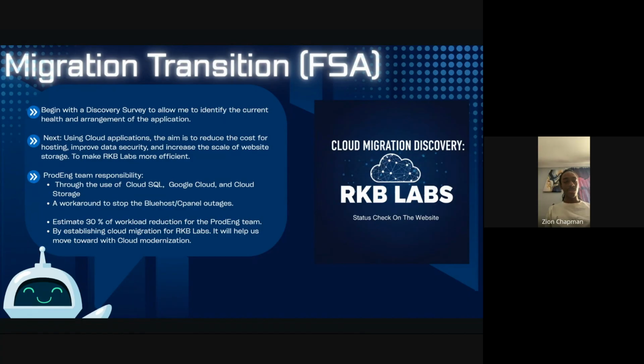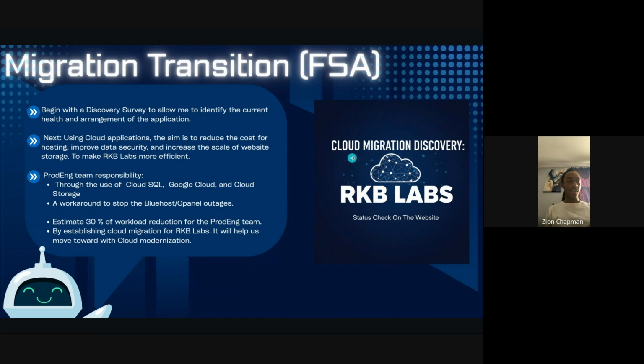The team that will be responsible for this is a product engineering team. Through the use of Cloud SQL, Google Cloud, and Cloud Storage, they will use that as a workaround to stop the Bluehost/cPanel outage. I estimate that a 30% workload reduction can result from this.